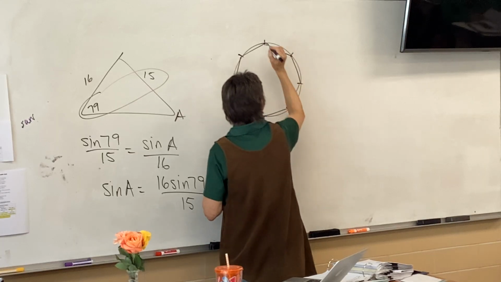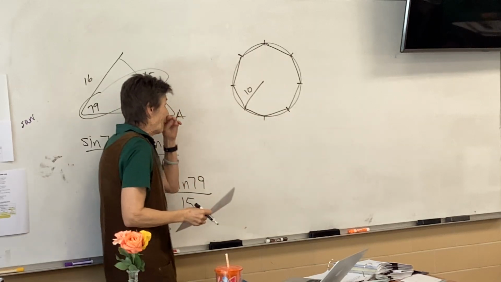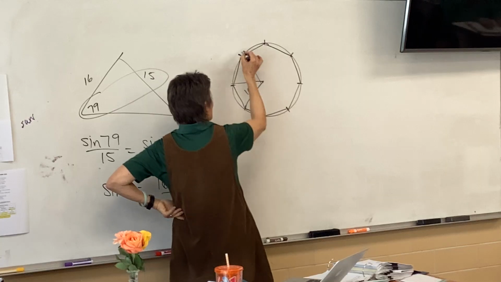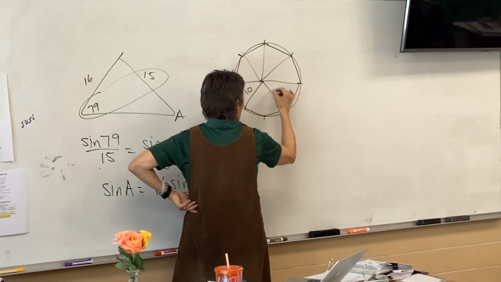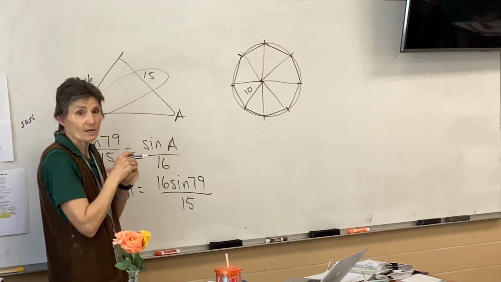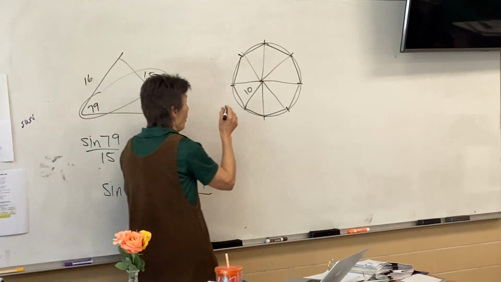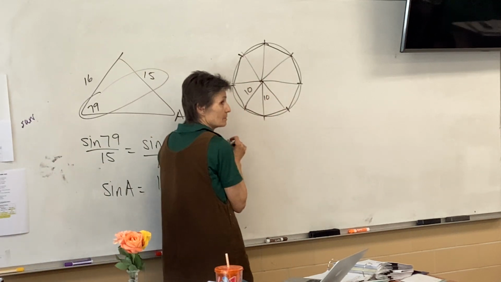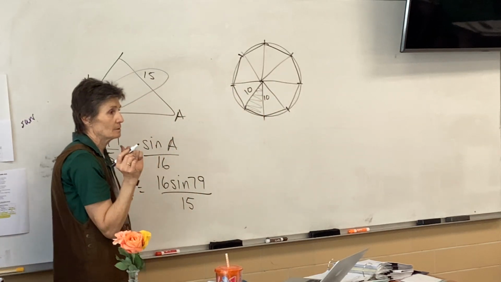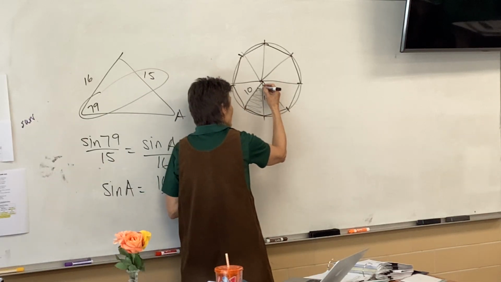On the area of one and multiplied by how many sides? Okay, yes. So clearly, they've drawn in one radius, but clearly we could draw in the rest of them. And when we did that, we would form a bunch of triangles that are all the same size. They're all exactly the same. And all the segments I drew in are 10. So if I look just at this triangle right here, I know 2 sides are 10, and I know this angle.